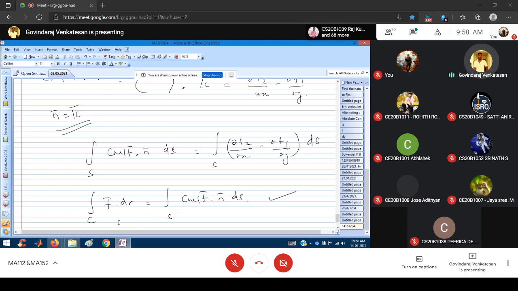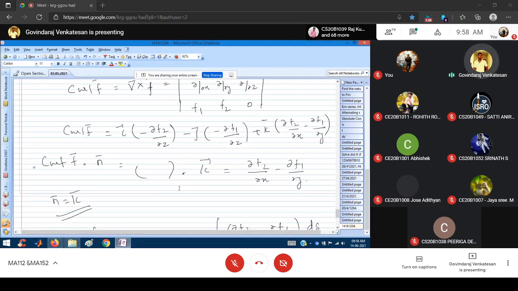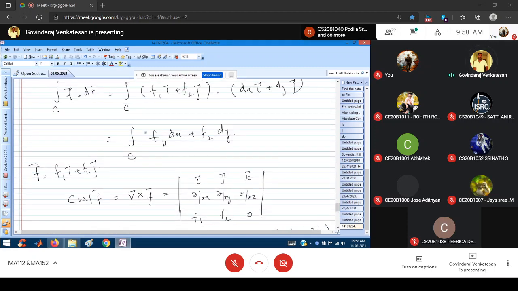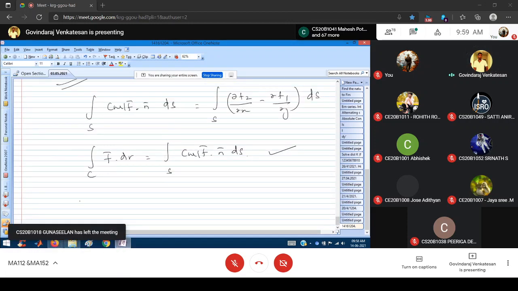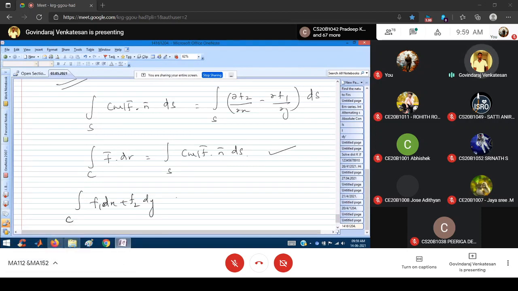For the plane, the left hand side is the integral over C of f1 dx plus f2 dy, and the right hand side is the integral over S of dou f2 by dou x minus dou f1 by dou y into ds.